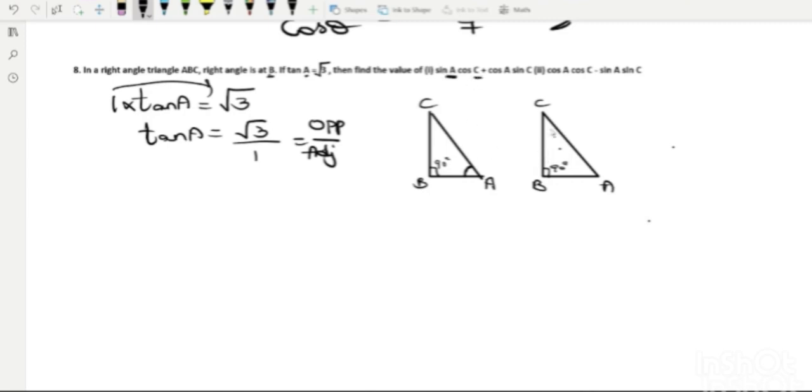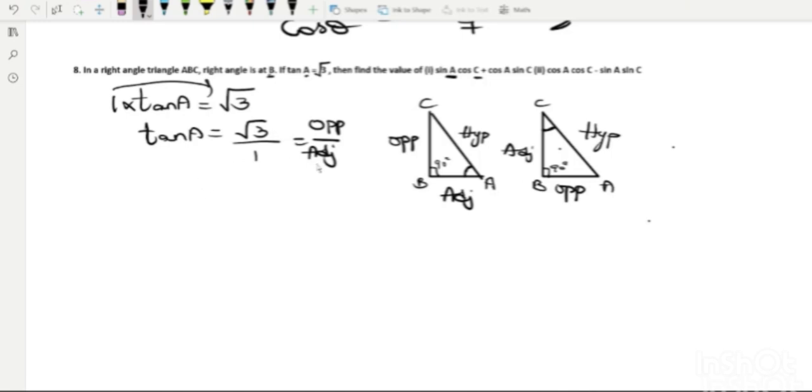Now, in the question there are two angles, one is A and C. So the reason for taking two triangles is to give you clarity about the angles and the given problem. So if this is the angle, this would be the opposite side, this would be the adjacent side, and the one opposite to the 90 degrees is the hypotenuse. Now for the angle here, this becomes the opposite side, this becomes the adjacent side, and the one opposite to the 90 degrees angle would be the hypotenuse.